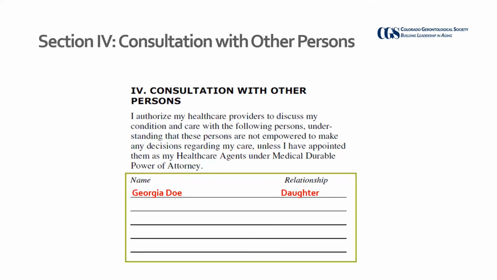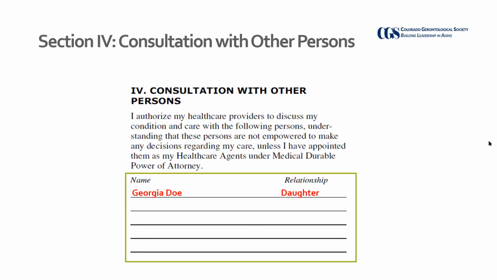This is where you are able to be in communication with your agent, especially if you have a large family, to have a list of those individuals that you want to be consulted and notified, to make sure that your agent has all of their names and the way to get a hold of them. And nothing prevents you from putting their contact information here.